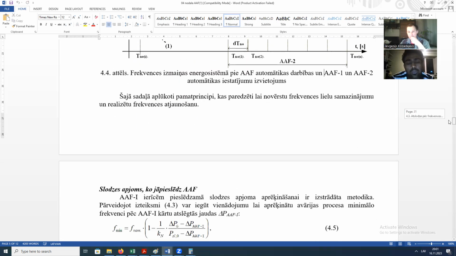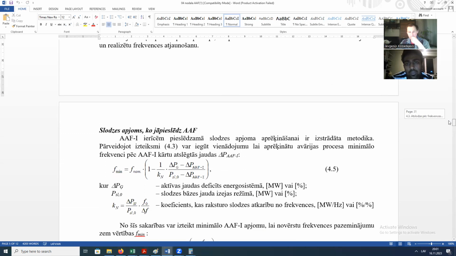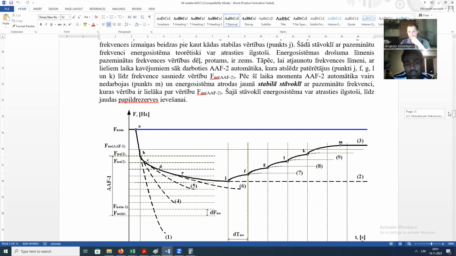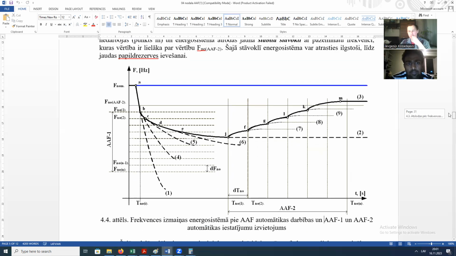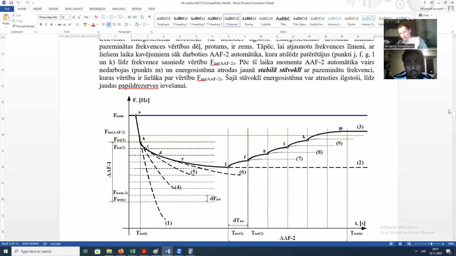So I think this is our last case for today, and I just didn't have enough time to prepare tasks, so we discussed 3 topics today. Inertia, the concentrated static coefficient for regulators, and the third one is this under frequency automation.